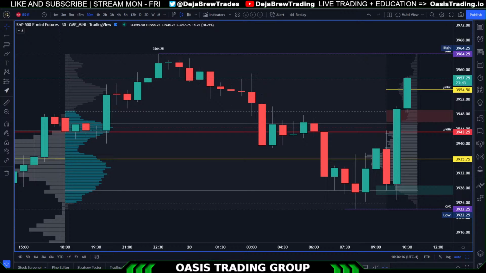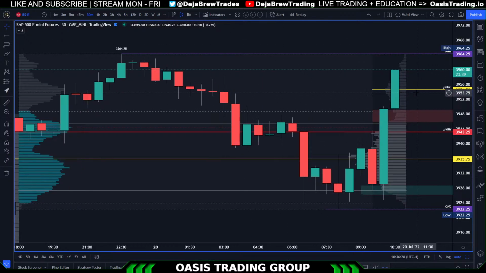Building a little branch around 56. If we hold above 56 here, should continue higher. Look for the overnight high here. Overnight high is 64. Absolutely ridiculous reaction we're seeing here.